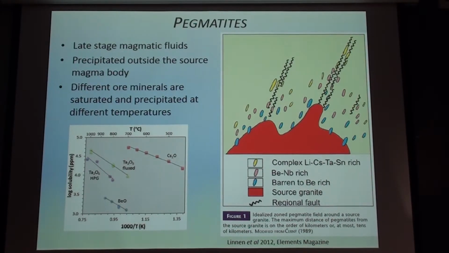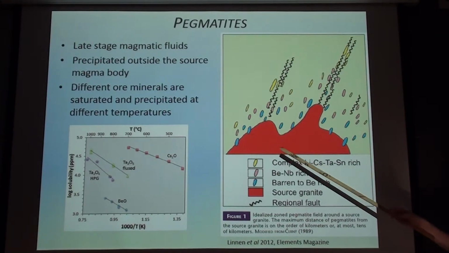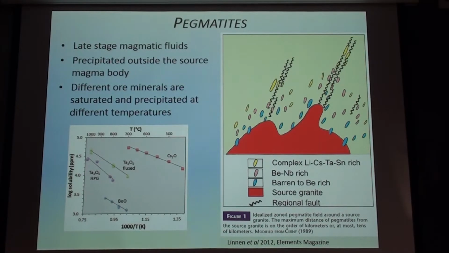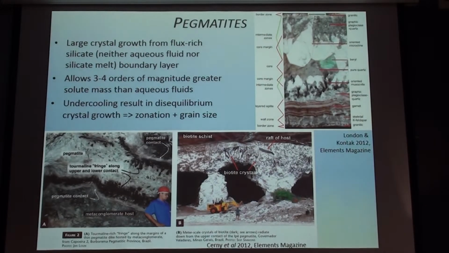And different minerals precipitate at different temperatures, and hence you could find beryllium-rich deposits proximal to an intrusion, whereas as you go further away, more distal to it, you might find lithium, cesium, tantalum, and tin-rich pegmatites. Oh, and there's an Elements magazine on pegmatites. I forgot to bring it. And pegmatites can be quite spectacular. They're usually characterized by quite large crystal sizes.